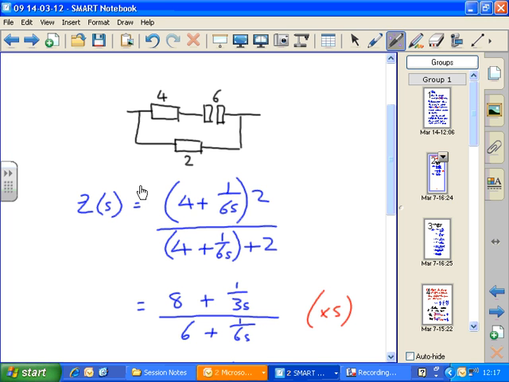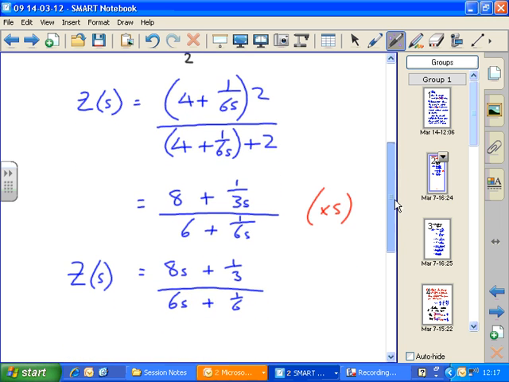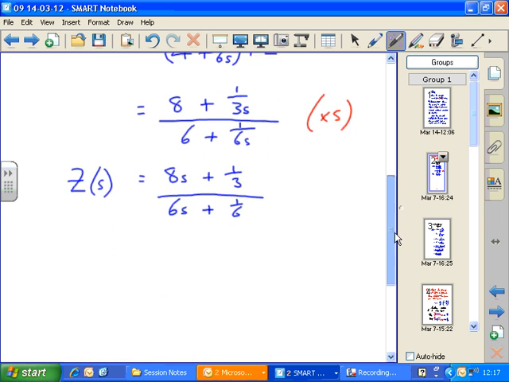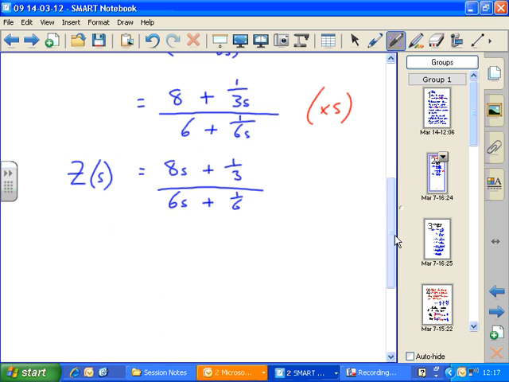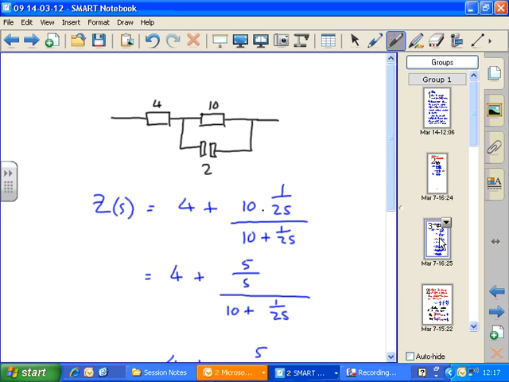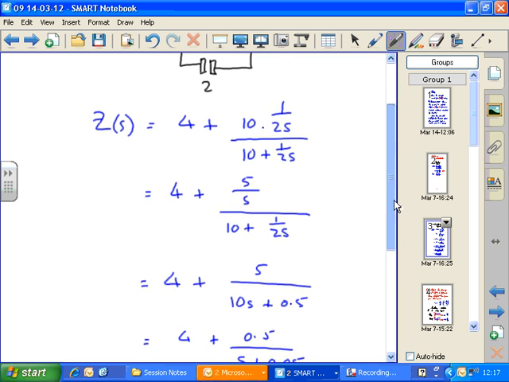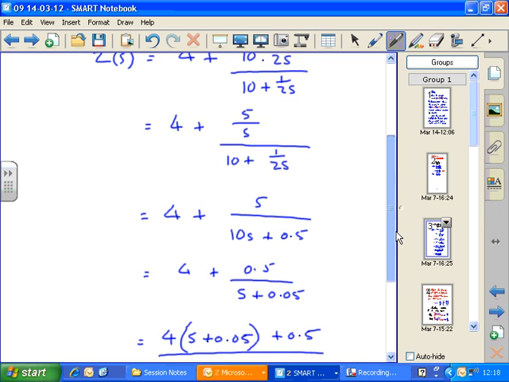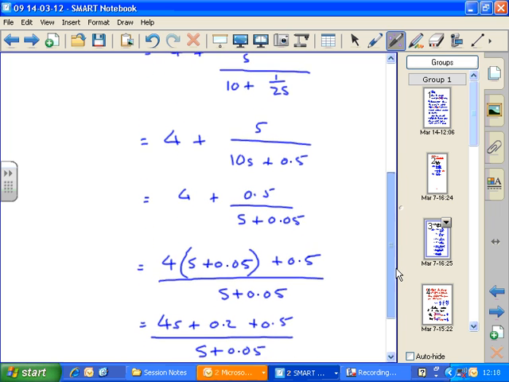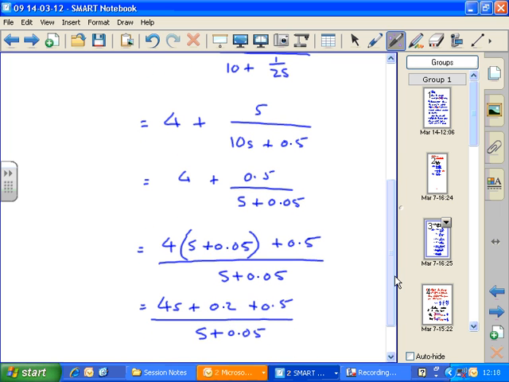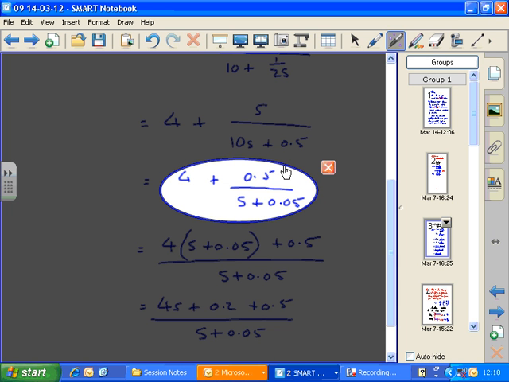So we went through the algebra around simplifying a circuit like that, and the algebra around simplifying a circuit like this. Noticing here that at this point in the algebra, if I want to combine those two, I can only add if the denominators are the same.